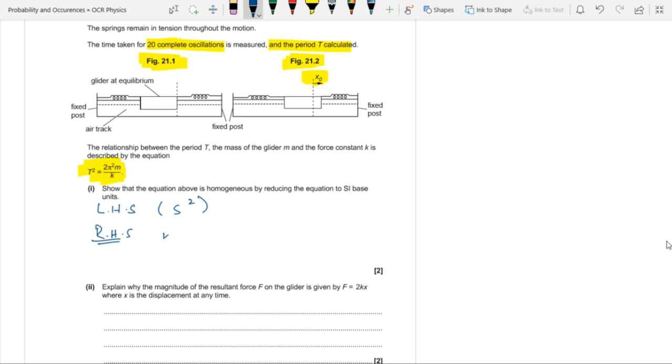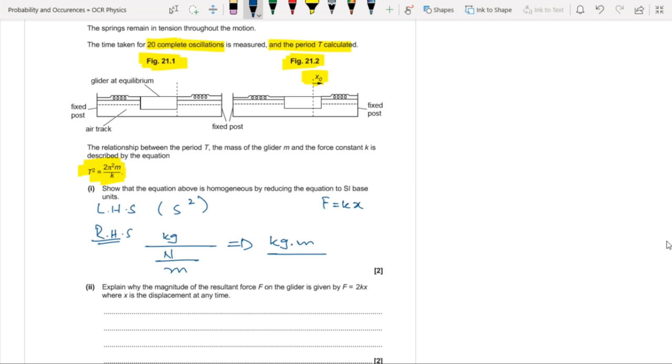Mass's base unit is a kilogram. And if we talk about k, if you remember Hooke's law, F equals k times x. So k can be expressed in terms of force and displacement. Force is measured in newtons, whereas the displacement is measured in meters. If we further simplify it and move on to the numerator, kilogram times meter over force.